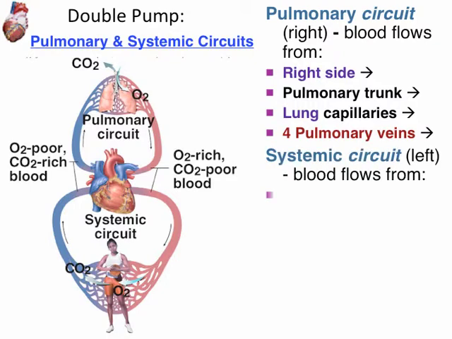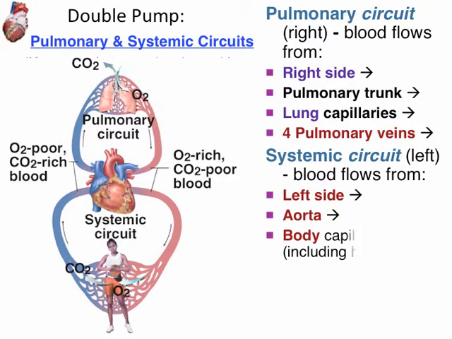And then the systemic blood goes from the left side of the heart through the aorta, which is that major red blood vessel coming out of the heart in between the 2 blue vessels, out to the body capillaries.